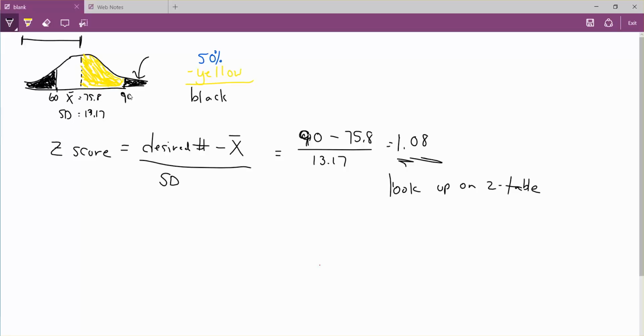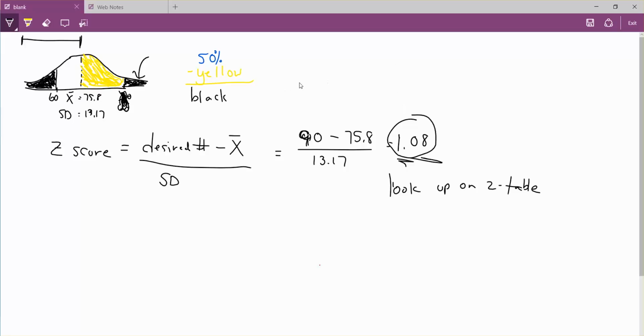But I need to use a value of 60 here, not 90. Oh no, that's wrong. Here's what I need to do. I need to calculate my z-score. Remember, I wasn't really working with the value of 90 ultimately. I was working with the value of 1.08.